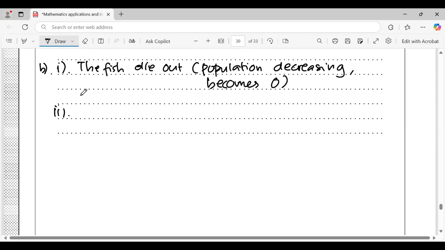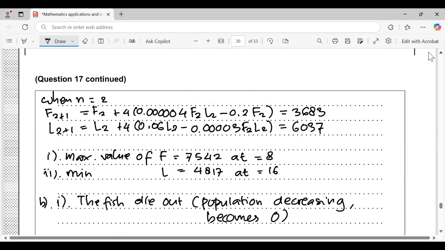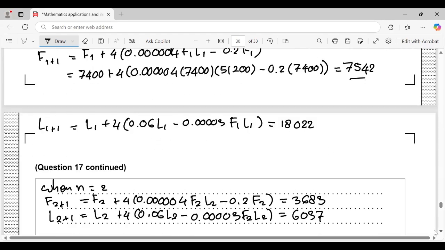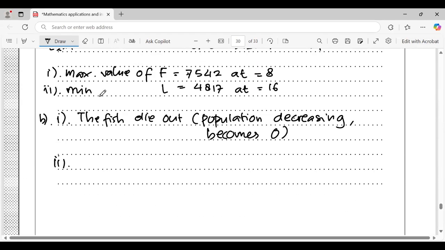Part 2. Suggest a reason why this prediction may not occur. Because Euler's method is only an approximation.